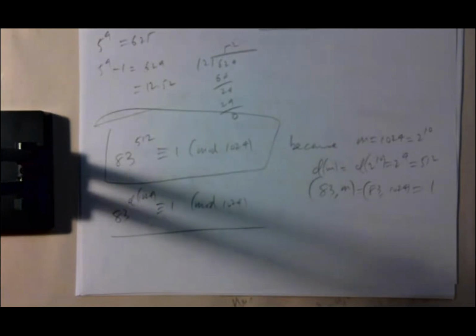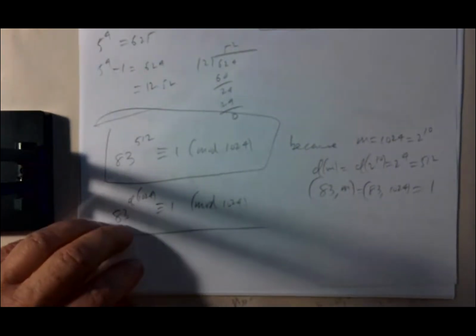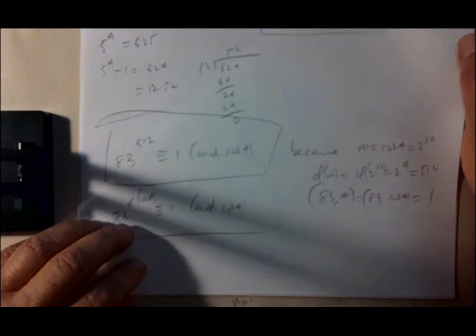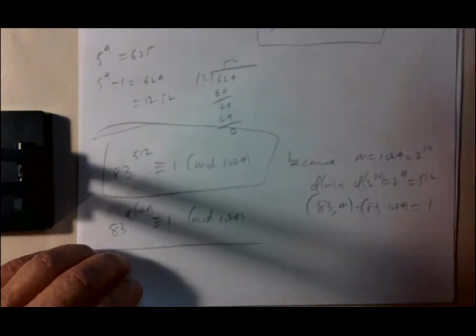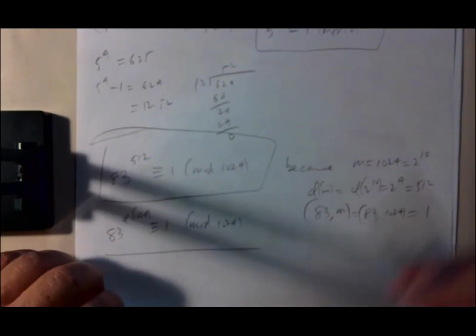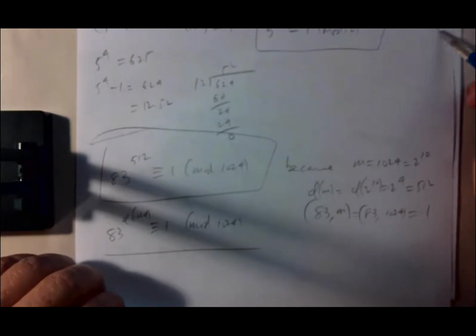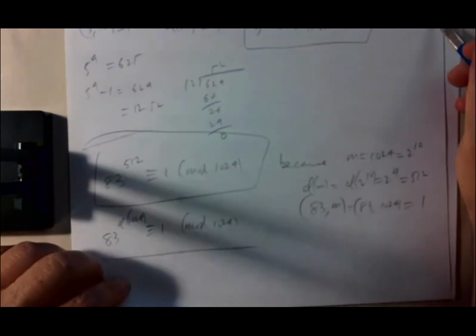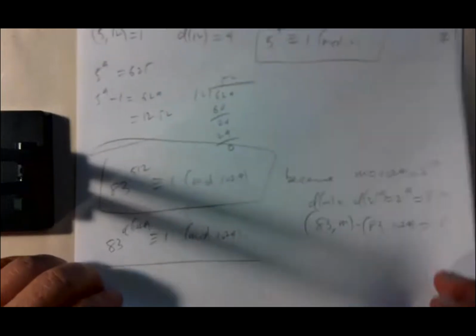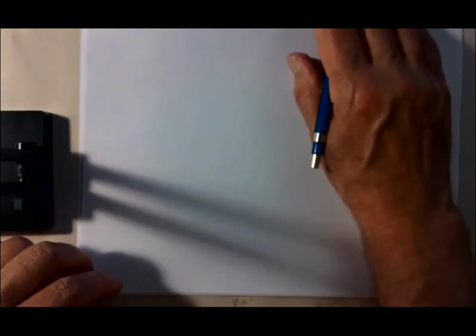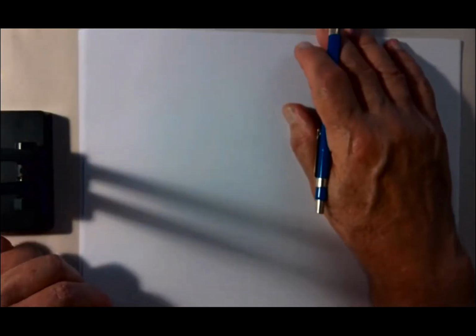Now, one of the reasons why Euler's theorem is so important is because it has an interpretation and application in algebra, in group theory. And I would be remiss if I didn't explain that. So I shall.